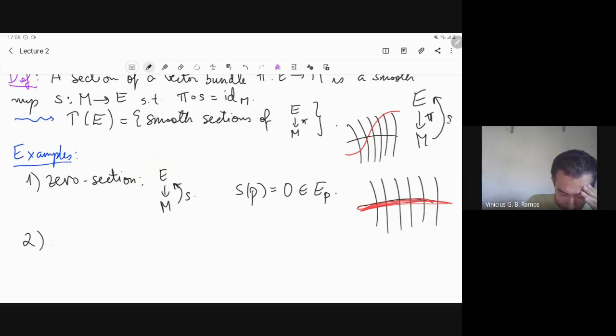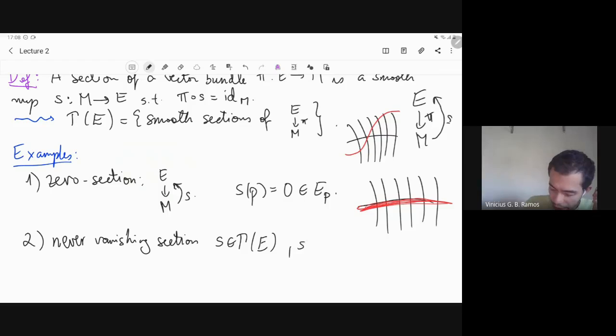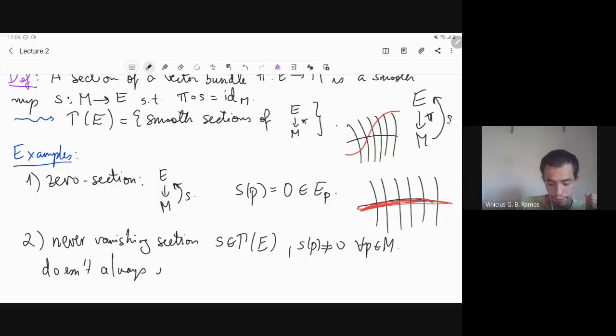If you want a never vanishing section, a section S such that S of P is never 0, that doesn't always exist. Sometimes it does, sometimes it doesn't.